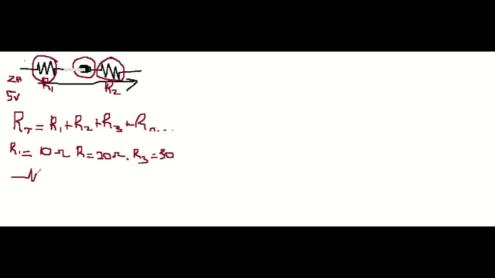So here we have R1, R2, and remember they are connected so that we have a single path for current to flow, and R3. So we have R1, R2, and R3. Now R1 is equal to 10 ohms, R2 is equal to 20 ohms, and R3 is equal to 30 ohms.